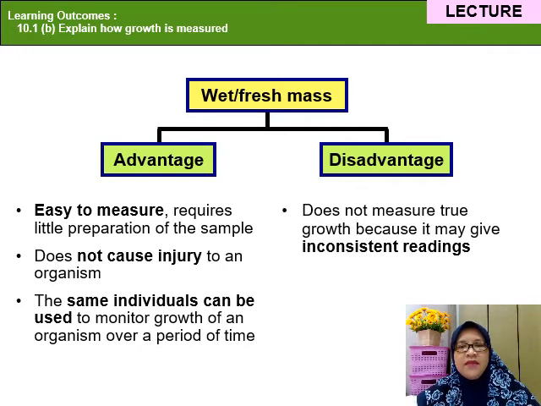But the disadvantage of using wet or fresh mass is that it does not measure true growth because it may give inconsistent readings. Why? Because water content can increase or decrease regularly depending on the organism's water intake.